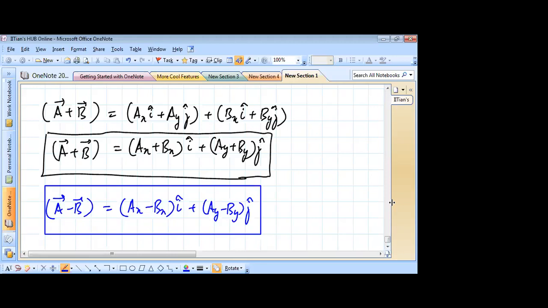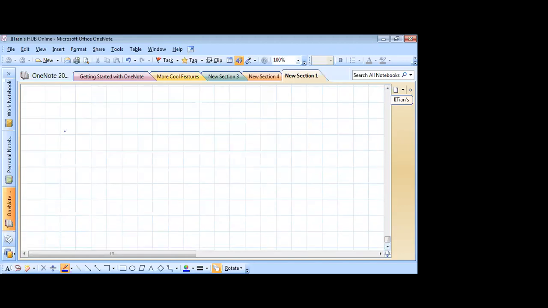Right. So let's now quickly understand this with an example. Suppose I have a vector A, and then I have another vector B, which is 30 i cap plus 40 j cap. And R is equal to A plus B, R is the resultant sum of it.